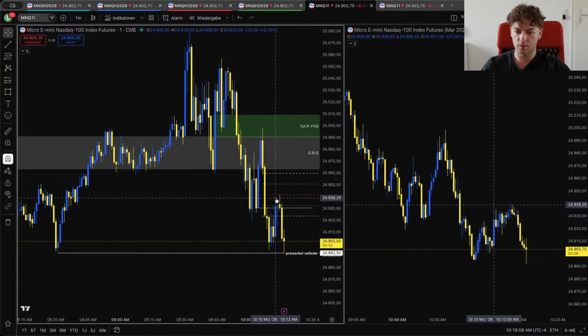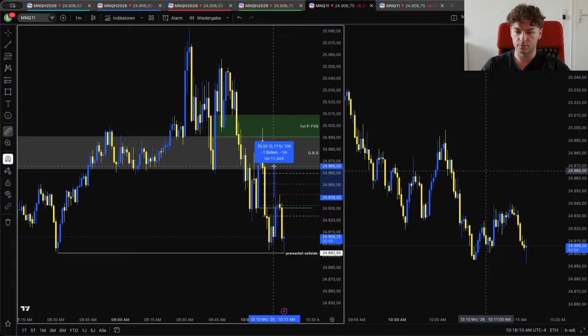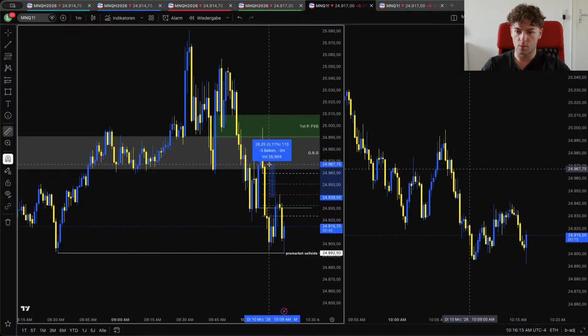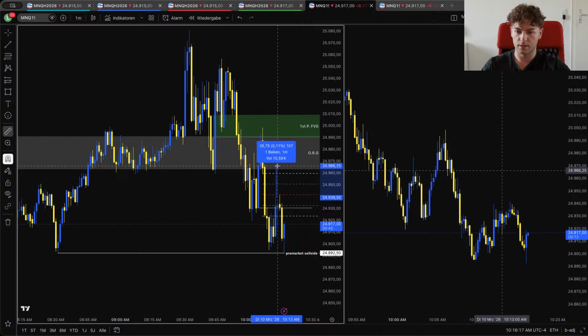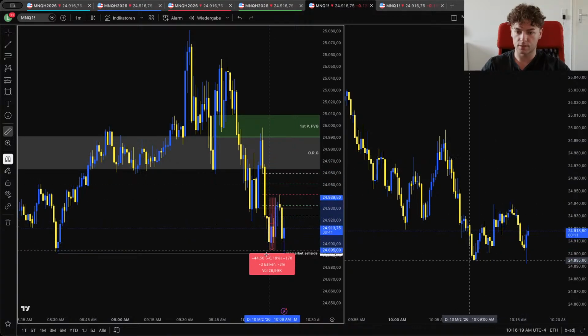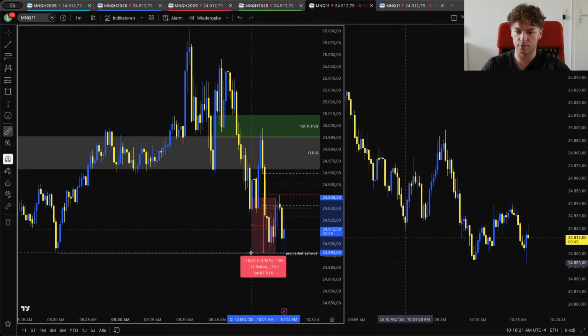That's the reason why I was measuring here. I was thinking about just shorting this one, stop loss above this candlestick's high, and just target the sell side, because this would have been 46 points and I would have been done for the day. Okay, I'm aiming for 40 handles a day.